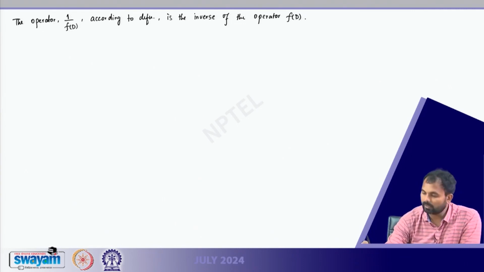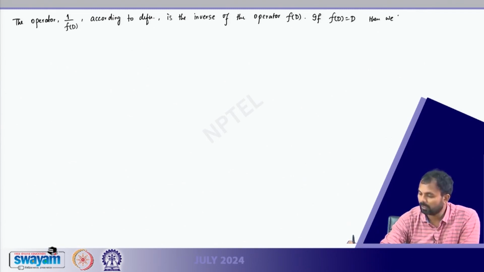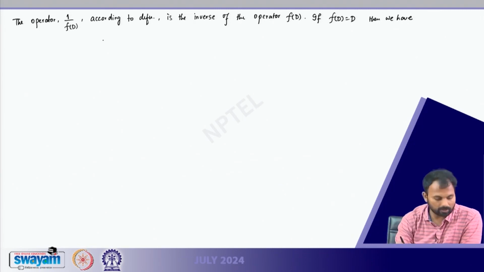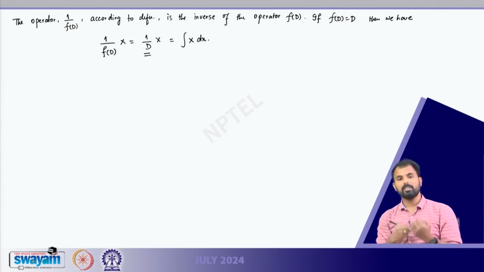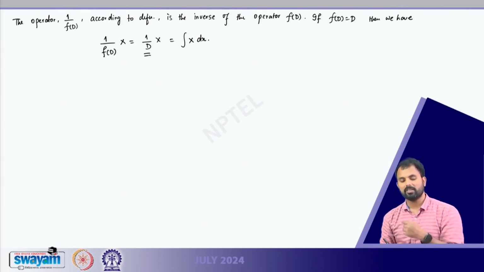And if f(D) is equal to D, then we have 1 by f(D) of X equals 1 by D of X, which is nothing but the integral of X dx. That's why I was saying that it's better to always get in terms of capital D, so that you can do this 1 by D of X, and that is basically your integral of X dx.